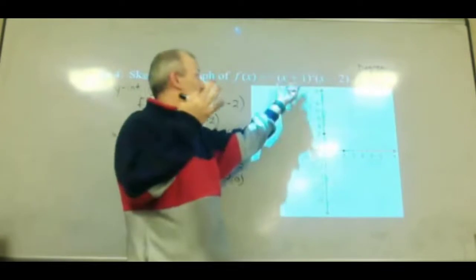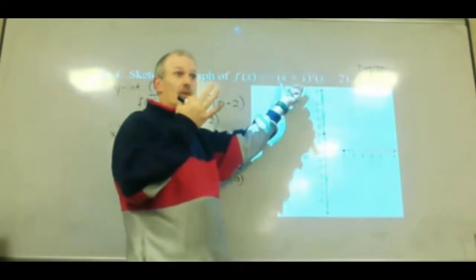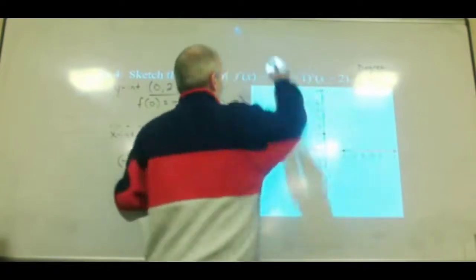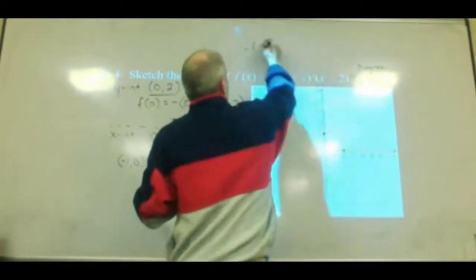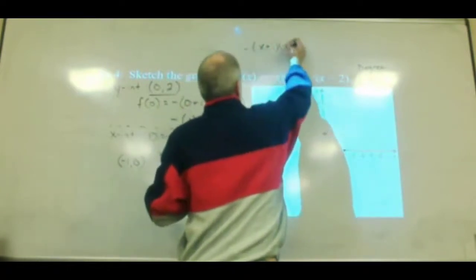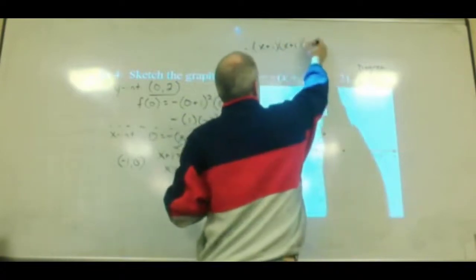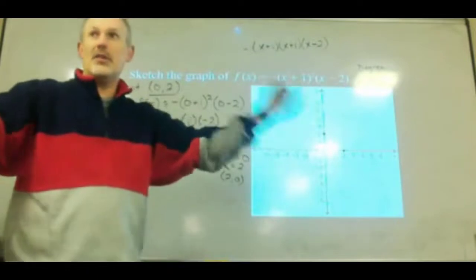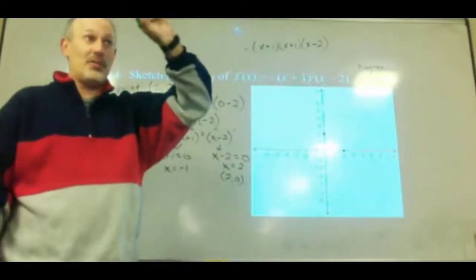You'd end up with 2 x's from this group and 1 more x from this group. Does that make sense? Because really what's going on here is you've got a negative, x plus 1 times x plus 1 times x minus 2. And we would be multiplying all that out. So if we multiply that all out, do you see that we're going to end up with x cubed?